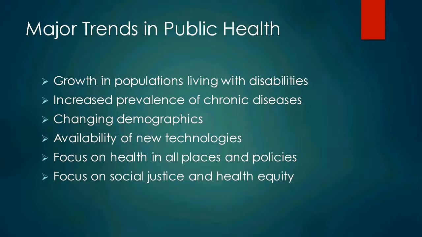But there's also a negative side to this. As we see the increased prevalence of chronic diseases, it's also tied to significant increases in levels of obesity, hypertension, and diabetes. So that also offers us an upstream opportunity to really think about how we can prevent this.